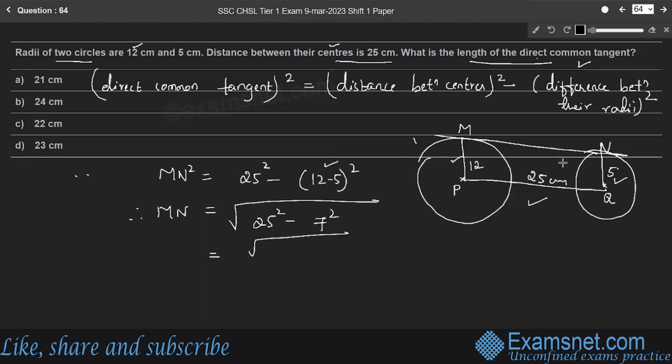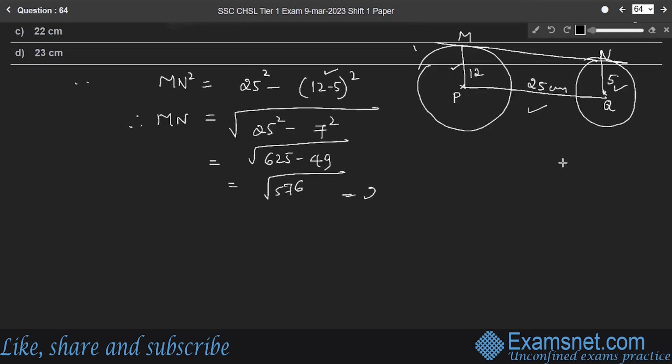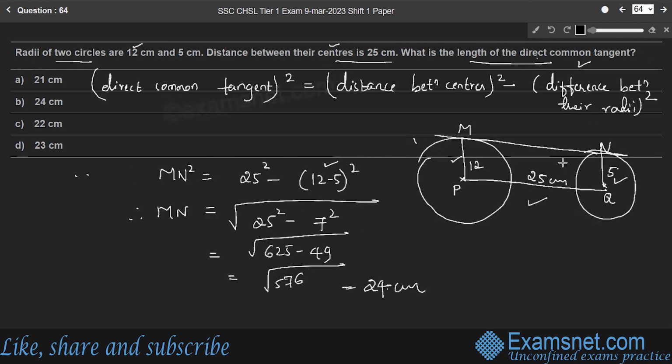So 25 squared is 625, 7 squared is 49. Therefore, it is root of 576, which is nothing but 24. 24 centimeters is the length of the direct common tangent, right? Therefore, option B is the right answer.